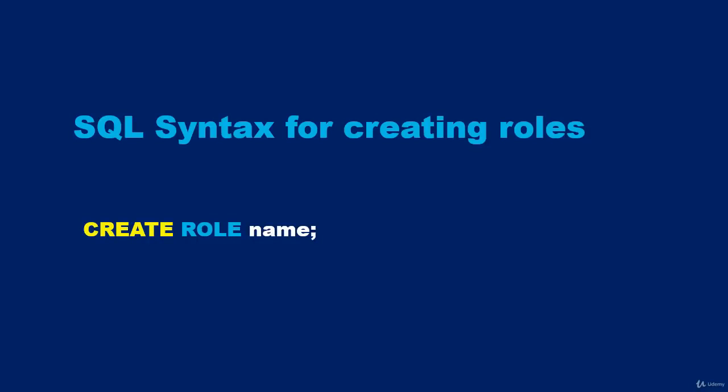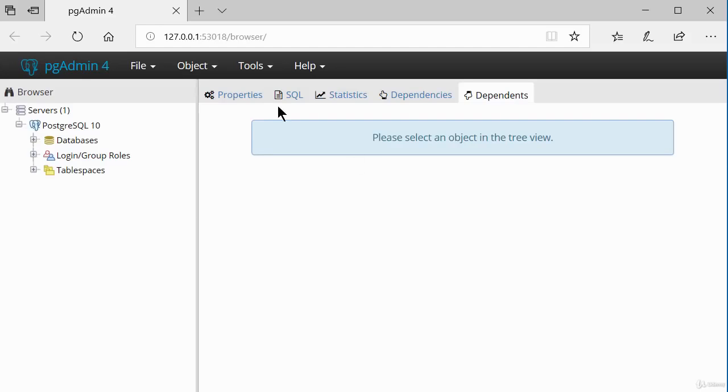To create a role using SQL syntax, you use the statement create role followed by the name of the role. You can also use the pgAdmin tool to create a role.